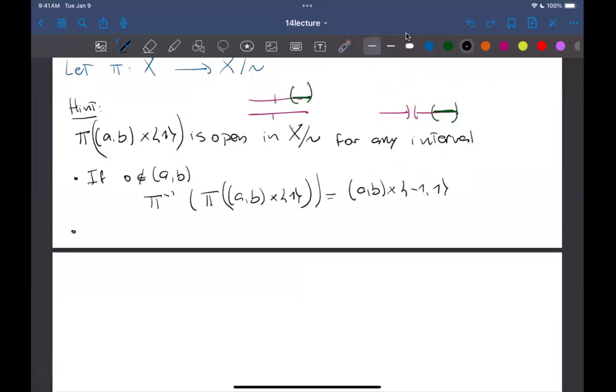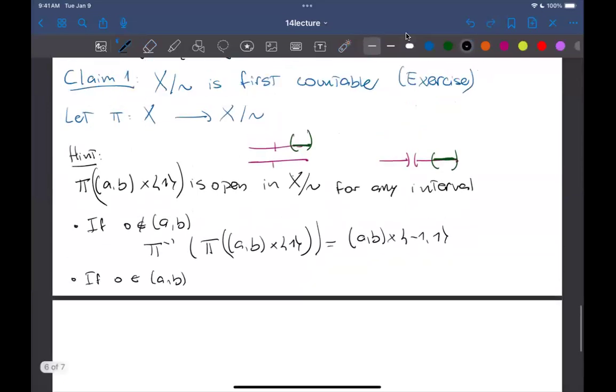On the other hand, if 0 is in (a, b), let me use maybe this color red, for a situation like this. Then when you project, you are going to take this copy of 0, but not this origin.